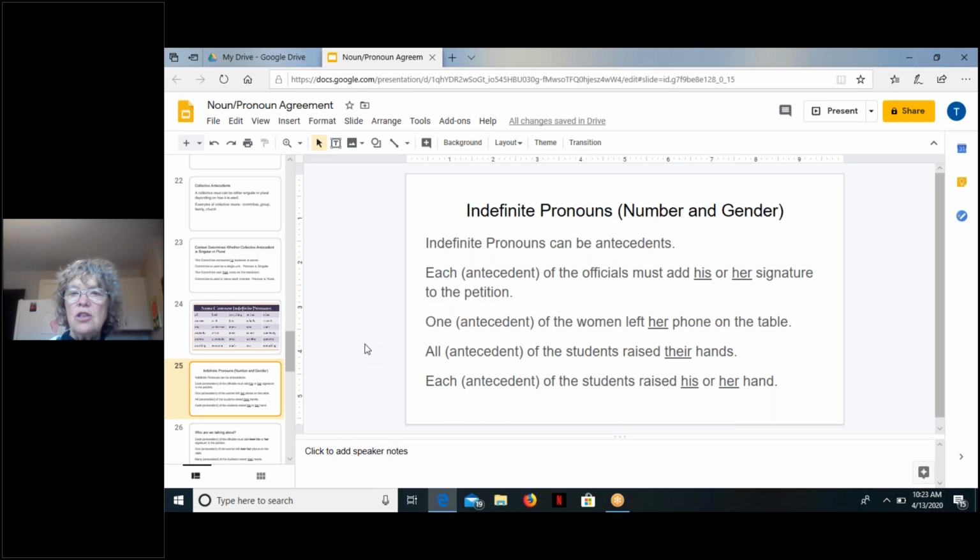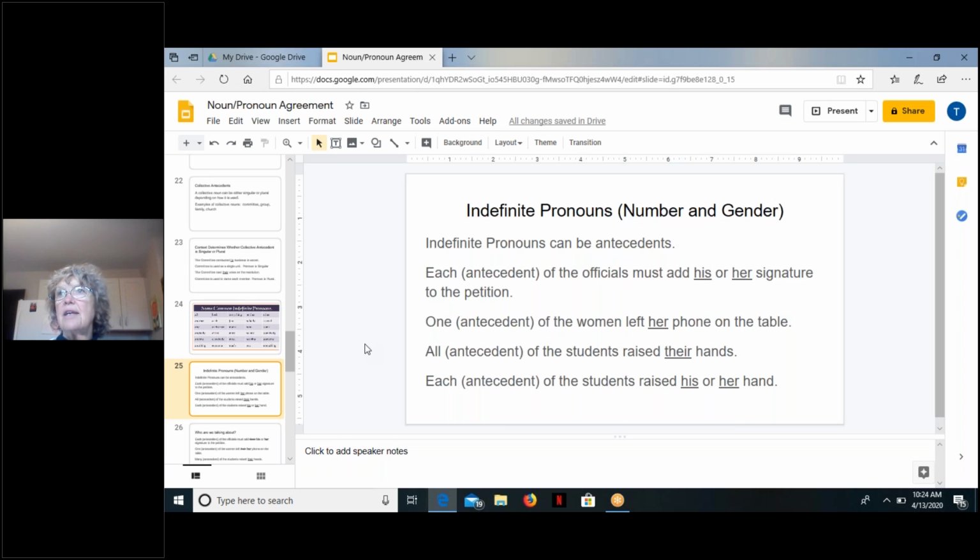Each of the officials must add his or her signature to the petition. Remember, we talked about those collective nouns. In this case, the officials is a group, but it's a group of individuals, and we're talking about each one of those individuals. So each one adds his or her signature to the petition.